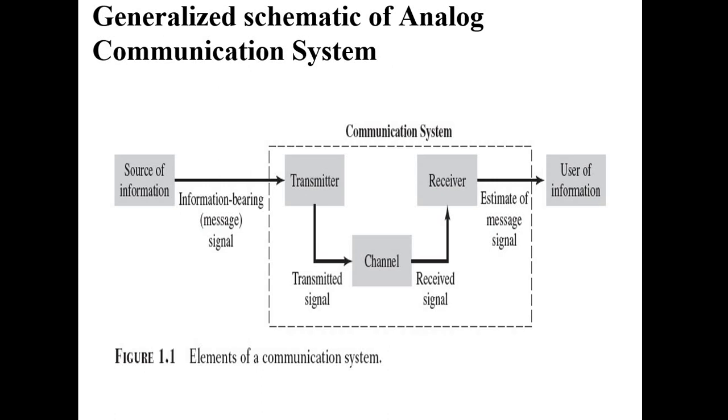The another user will receive the transmitted information. So transmitter at one end, receiver at other end, and channel in between. So these are the basic elements of any analog communication system. In general, if we consider any analog communication system, it consists of transmitter at one end, receiver at other end, and channel in between.